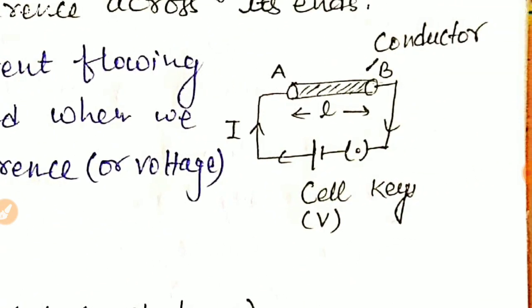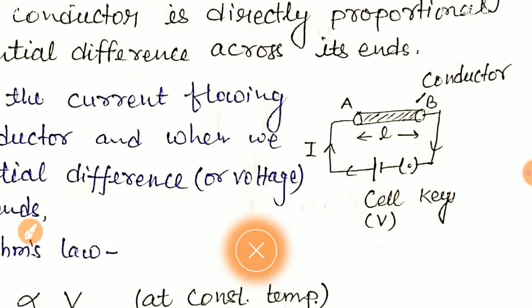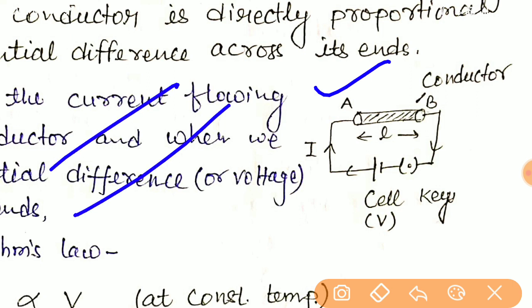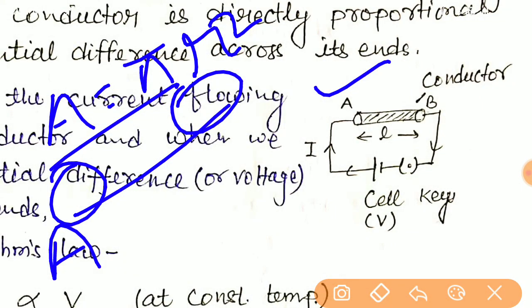In this picture, there is a conductor AB having length L, and suppose its area of cross section is capital A, and you know A equals pi r square. This is the area of cross section of the conductor.